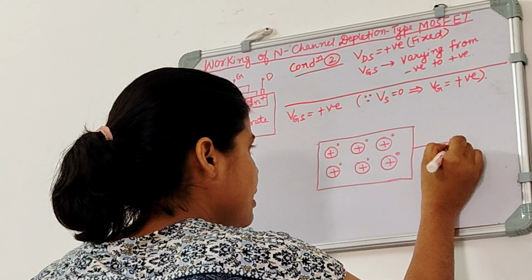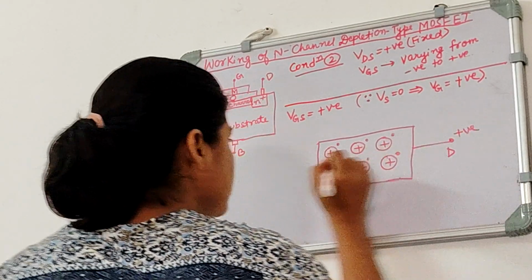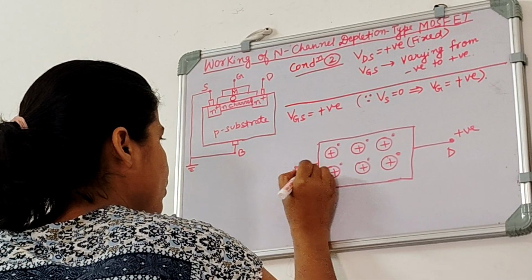And here we will have the drain, which will be at a positive voltage. Here we will have the source, which will be grounded.